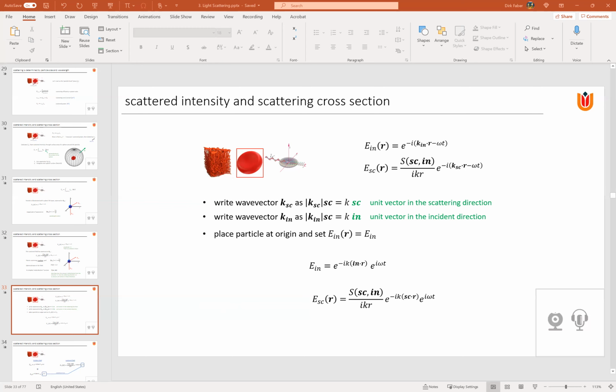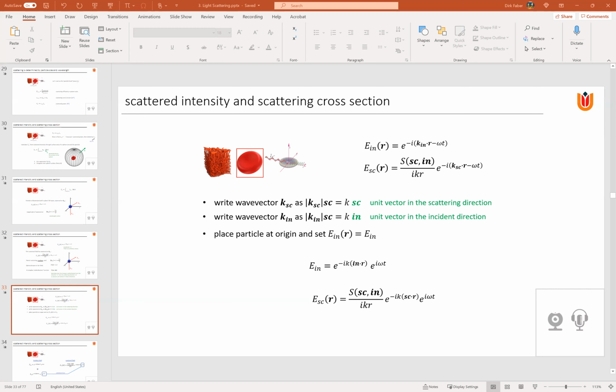We know that the k amplitude for the two waves are going to be the same, so we can express them in terms of their unit vectors, like over there. We can arbitrarily place the particle at the origin and make the input intensity a scalar function. There does not need to be any complicated spatial dependence on that. So then we can start to simplify.